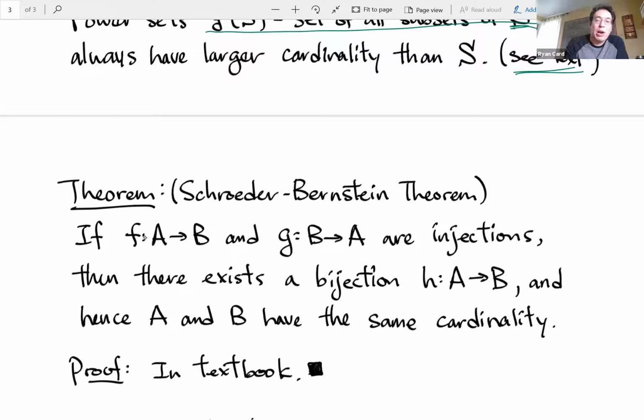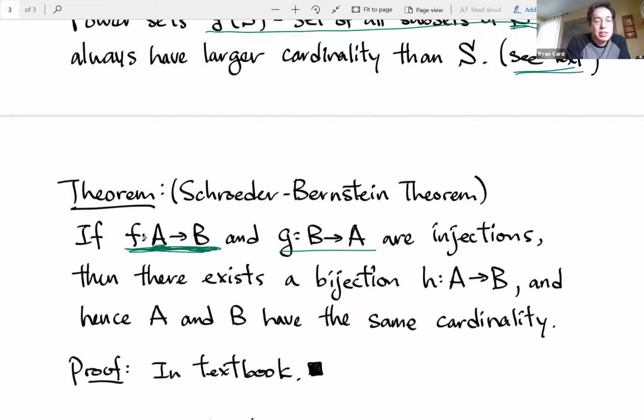Sometimes writing down a bijection is difficult, but maybe you can come up with two injections. If you want to compare the size of A and B, you could take a set A and find an injection into B, but not necessarily a surjection. So all the elements in A map to different elements in B, but maybe not every element in B is hit by this function.